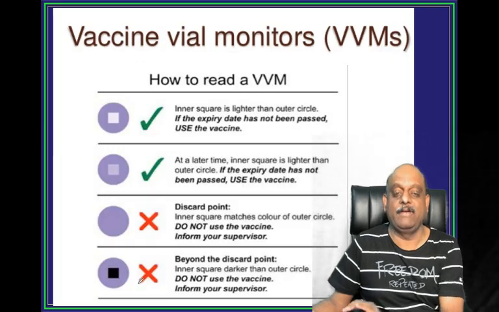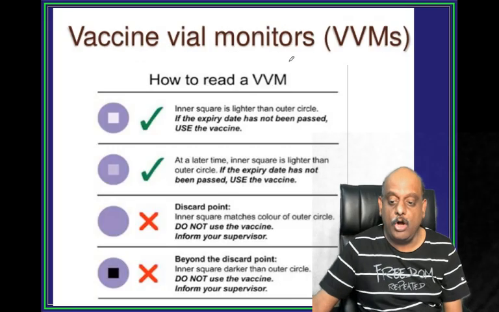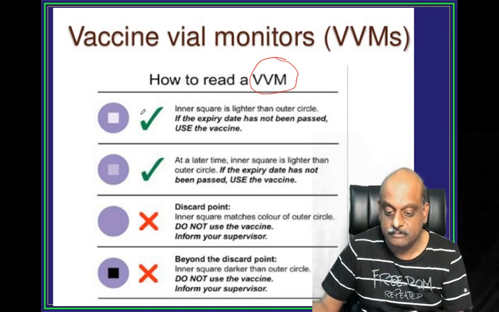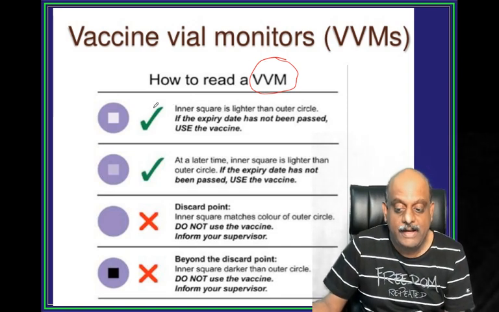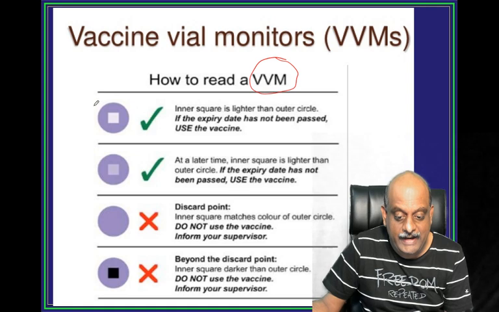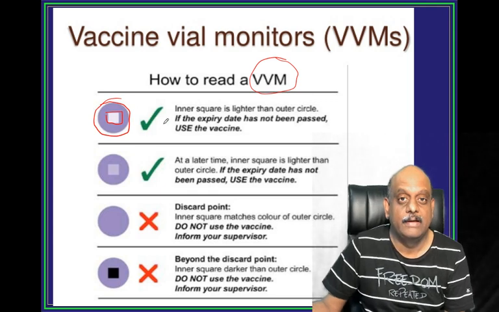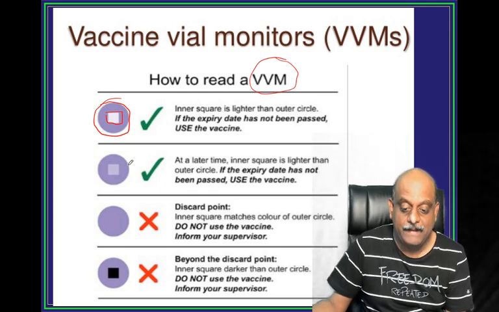Now, how do you read the vaccine vial monitor? The inner square is lighter than the outer circle. You can use this vaccine.